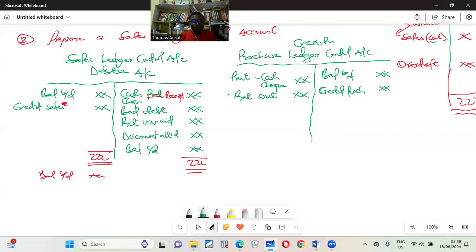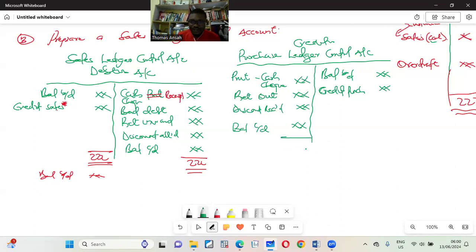And probably you also receive some discount from your suppliers. So you can say a discount that has been received from the supplier. So discount received. All right, so these are things you go through. Then somebody says, don't we have bad debt in the purchases ledger? If you do that, it means that you have started planning of not paying some people their money. And so far as you have not paid, it's still an owing.